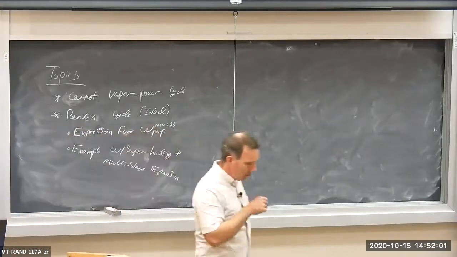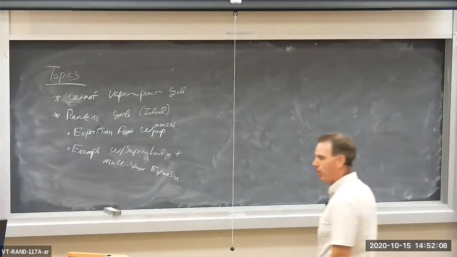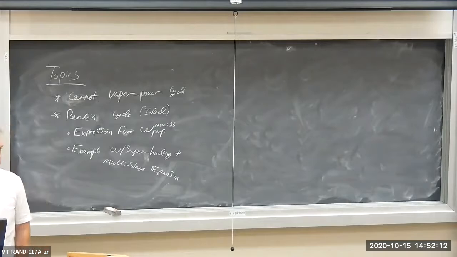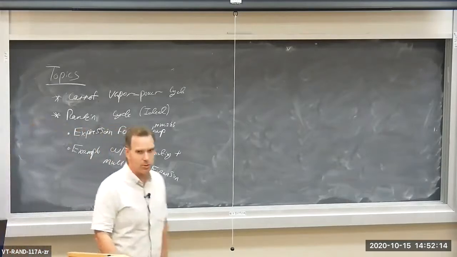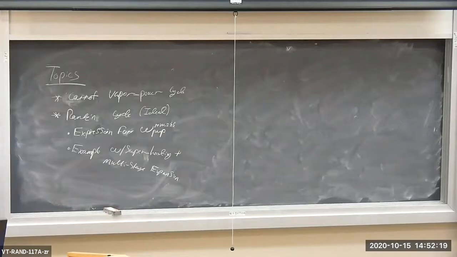Okay? So to that end, we're going to start off by looking at the most basic vapor power cycle, which is a Carnot vapor power cycle. Basically, we're going to put a Carnot cycle inside a saturation dome, and use H2O as a working fluid.